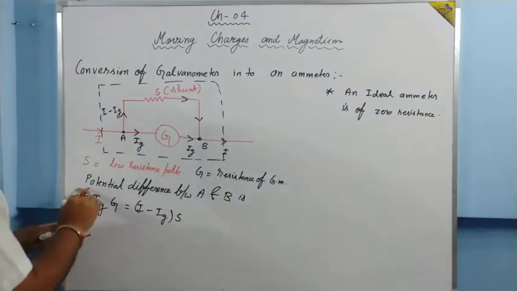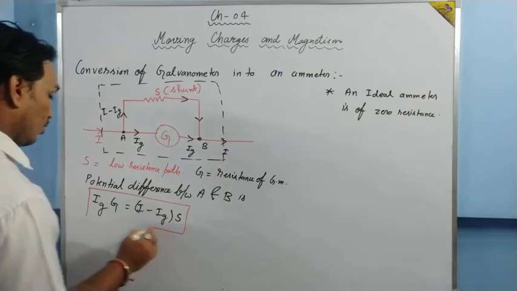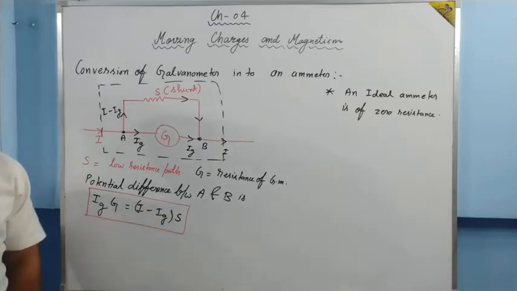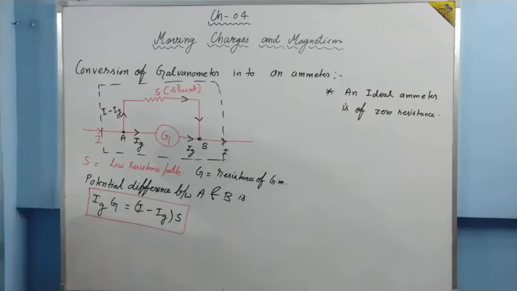In some questions I is given and S is asked. In some questions S is given and I is asked. Whatever is being asked, you can solve from this formula.